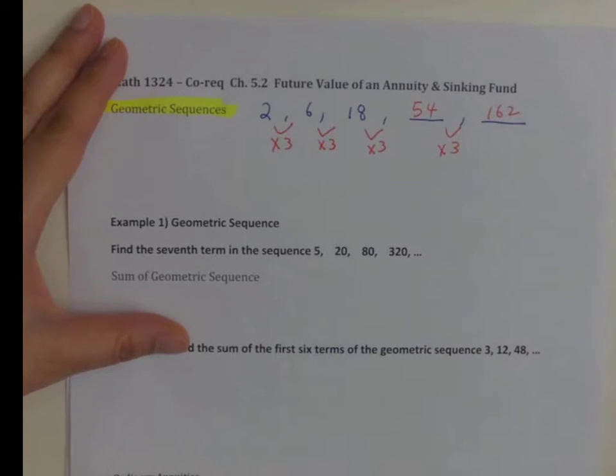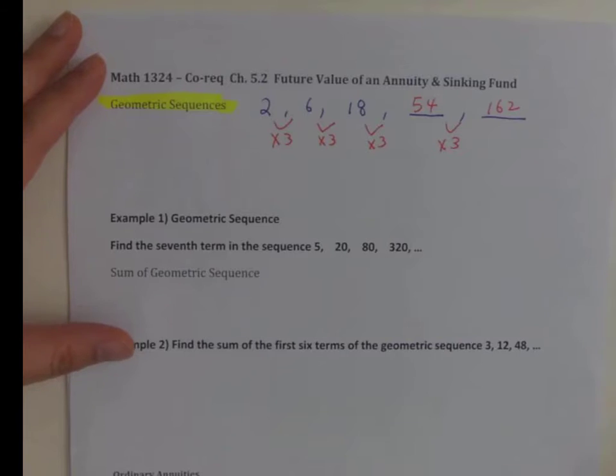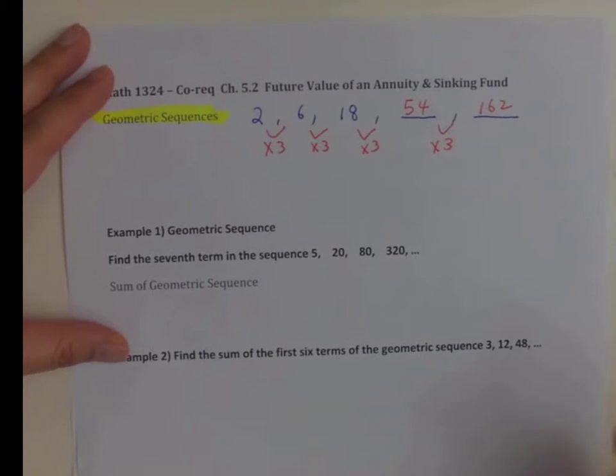So if this is my sequence, and in order to get the next term, we keep multiplying by the same number, they have the same ratio, then this kind of sequence is a geometric sequence.